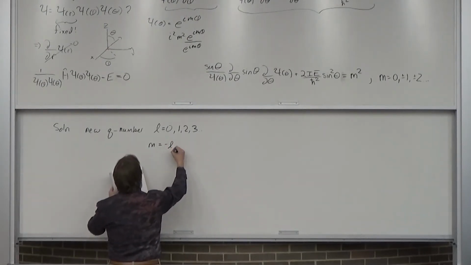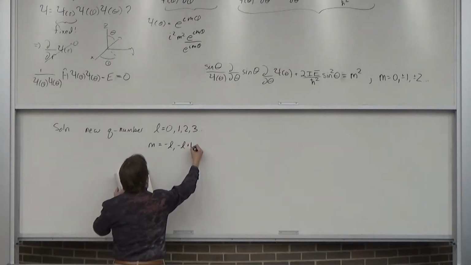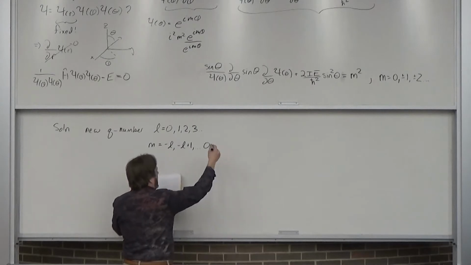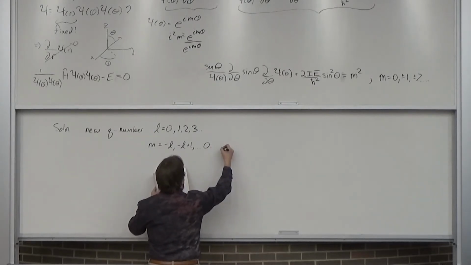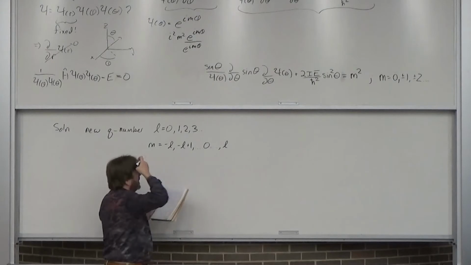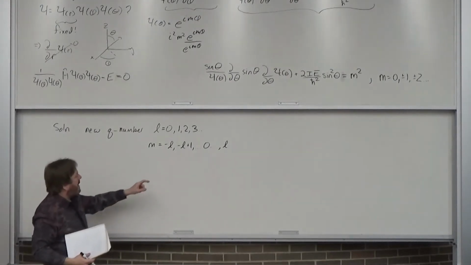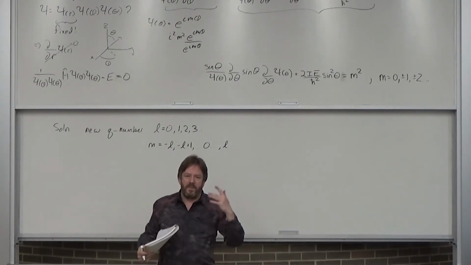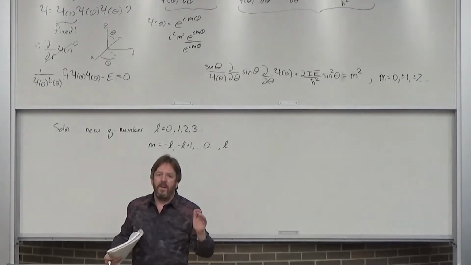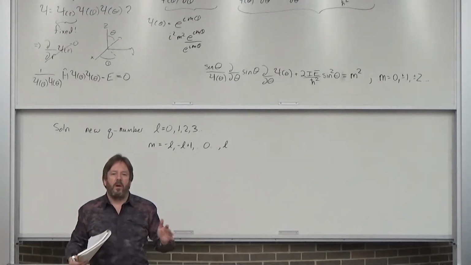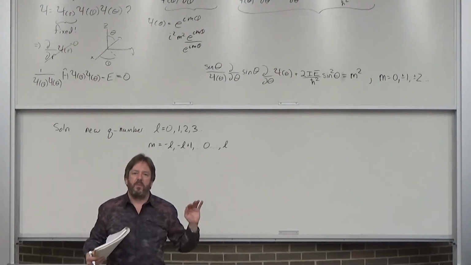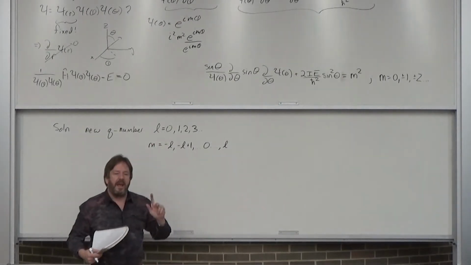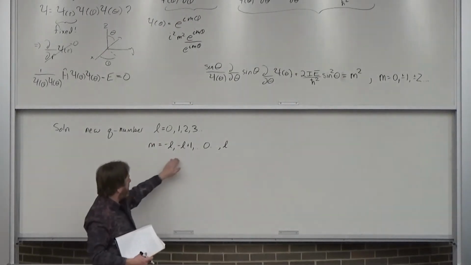M can be minus L, minus L plus 1, and so on, through 0, out to plus L. So for any given L, the m's are dictated. That's why I'm saying there's this hierarchy, that L, the theta, is dominant over the m, which is associated with the phi. So if L is 0, which we think of as an S state, then m has to be 0.